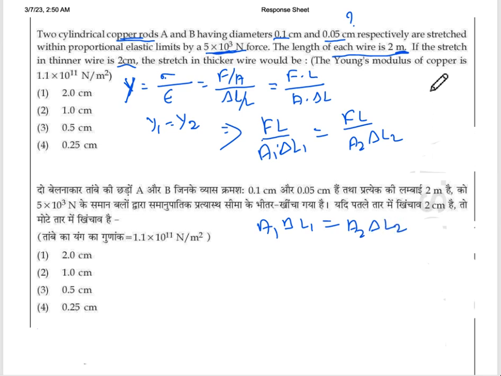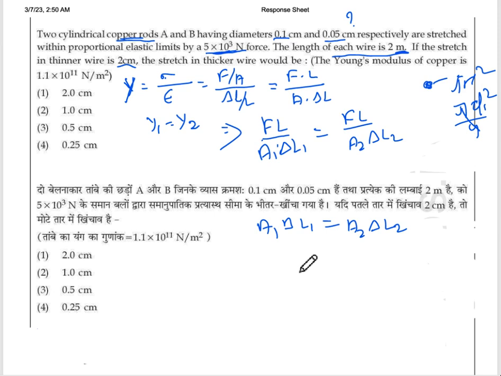A is the circular cross-sectional area of the cylinder, which is pi r square, and pi is constant. Here the diameter is given, so in the form of diameter it is pi d1 square by 4. Pi by 4 is the same in both cases.